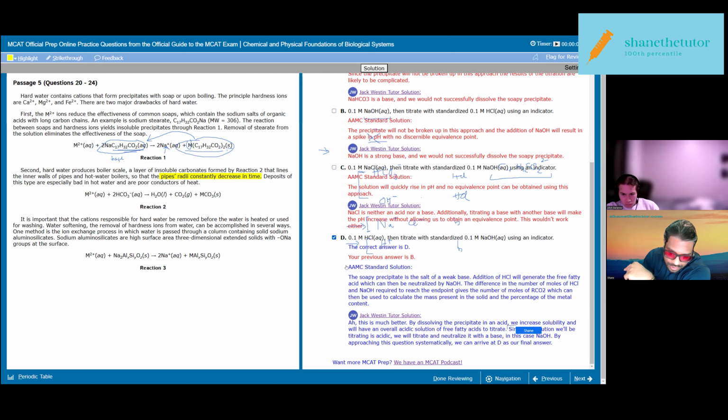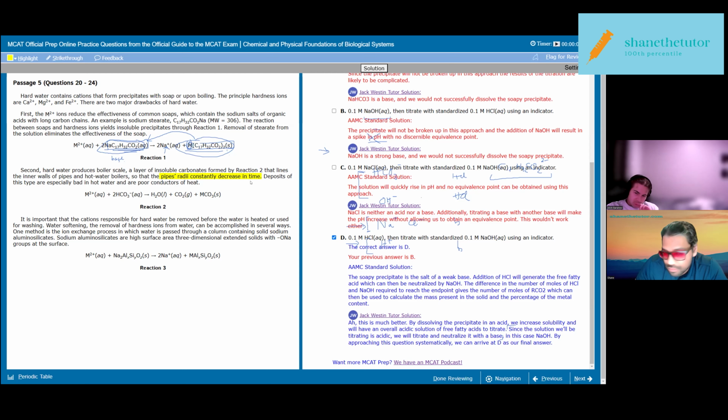Well, you see this part? Since we're titrating an acidic thing, we must titrate it with a base. So yeah, I can't honestly tell you how to answer this directly. I understand that we're trying to get to this point from here, but I'm trying to think, how can I get this M out?